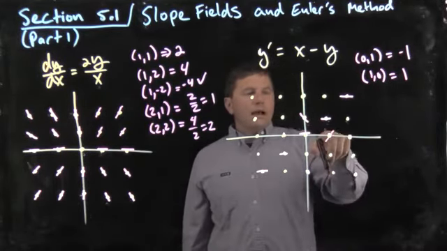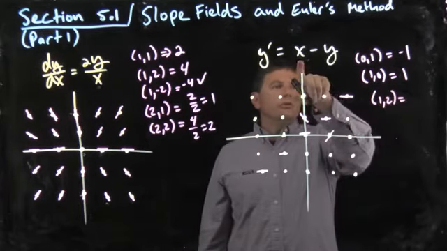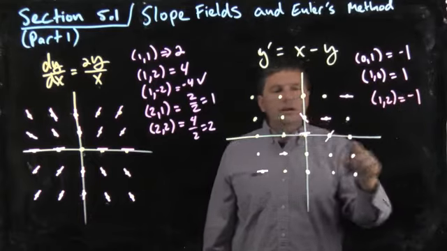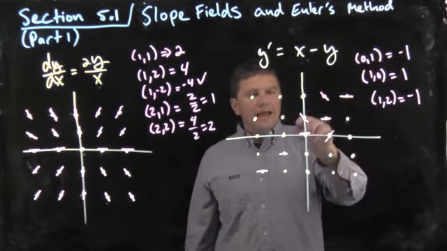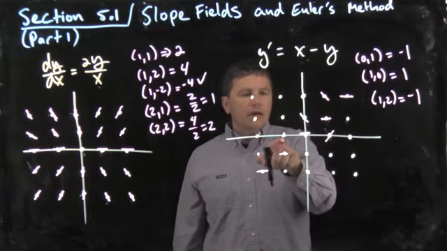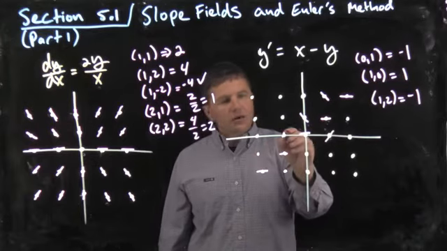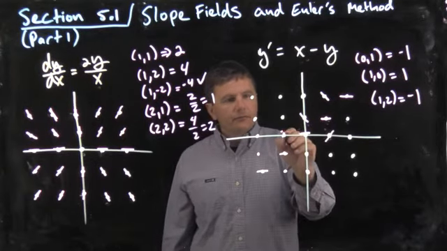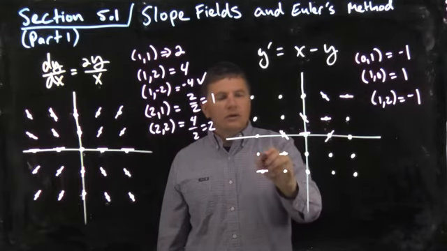Okay, well, what about 1, 2? 1, 2 gives us negative 1 again. So what you start seeing is the pattern here is going to be diagonals. So if I plug in negative 1, 0, what am I going to get? Negative 1 again. Where else am I going to get negative 1? At negative 2, negative 1.